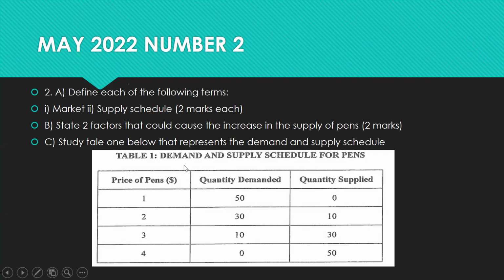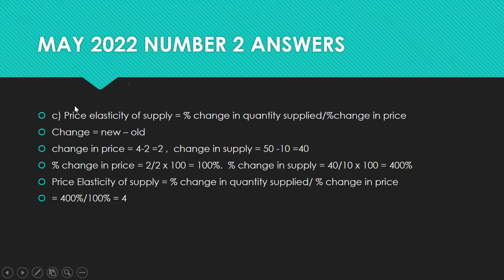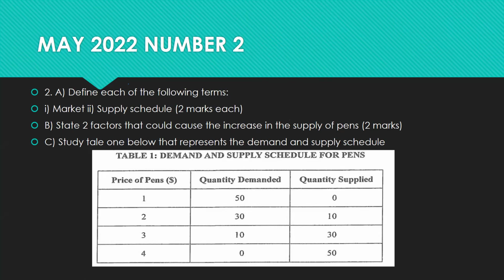The question actually hints at it by showing you a demand and supply schedule for pens below. The supply schedule is a table that shows you the different quantities supplied at different prices. So when the price is 1, quantity supplied is 0. When the price is 2, quantity supplied is 10, and so forth. A market is a place where buyers and sellers meet to interact.